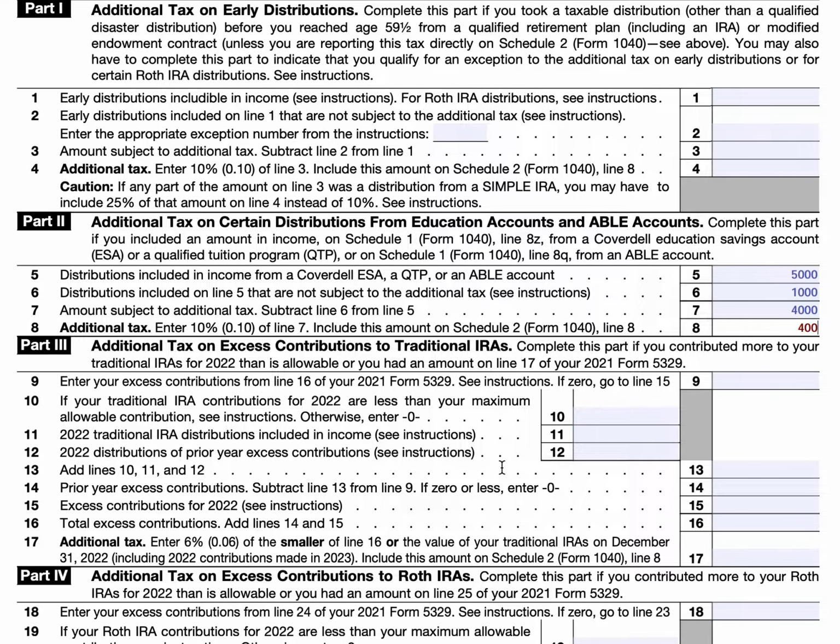And in line 17, you will enter 6% of the smaller of line 16 total excess contributions, or the value of your traditional IRAs as of December 31st, 2022. This includes 2022 contributions that were made in 2023. Enter this amount also on Schedule 2, line 8.